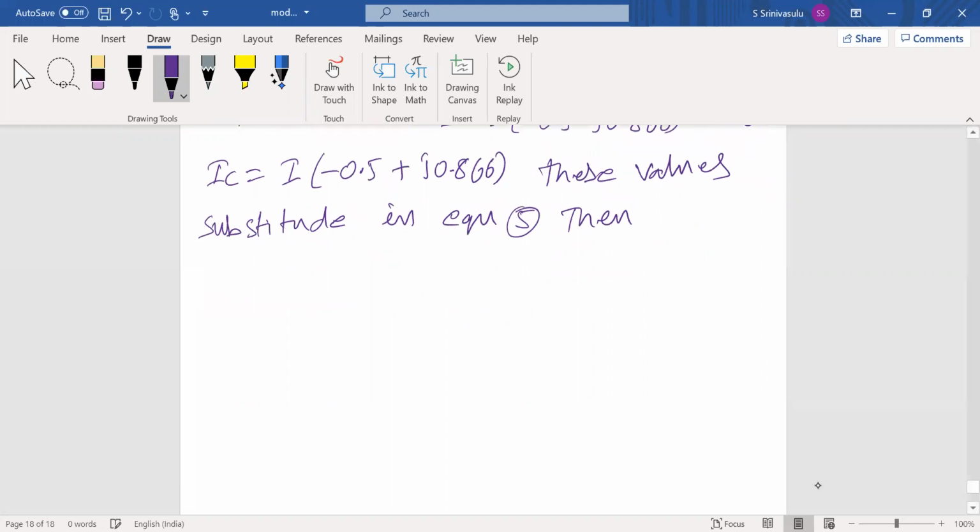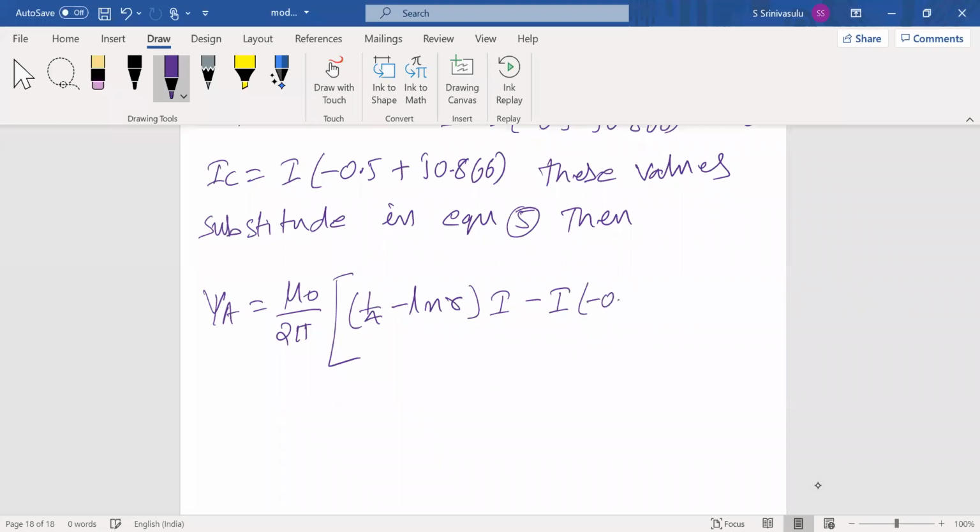After substituting, psi A equals mu naught by 2 pi times [I by 4 minus I ln of r, minus I into minus 0.5 minus J 0.866 ln of D3, minus I into minus 0.5 plus J 0.866 ln of D2].